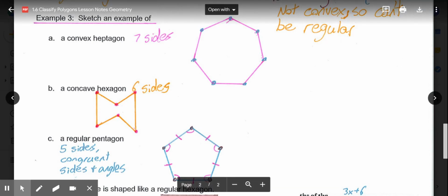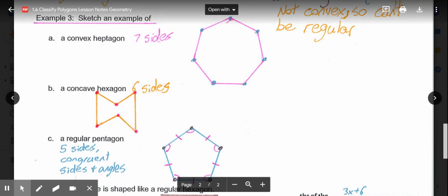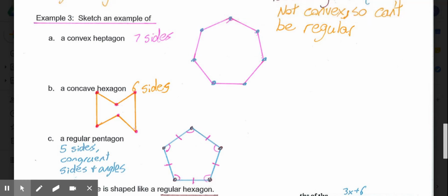A concave hexagon is 6 sides, and at least one of the sides, when extended, would have to go through the interior. So in this case, here's one example of a concave hexagon. 6 sides, and any of these extended would cut through the interior.